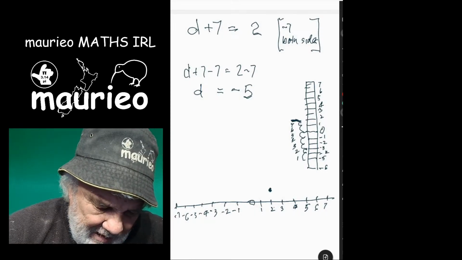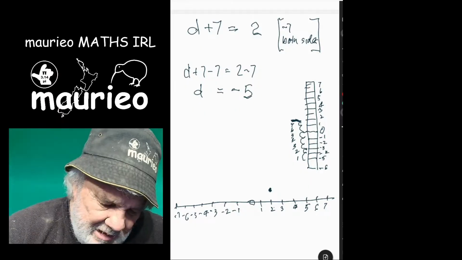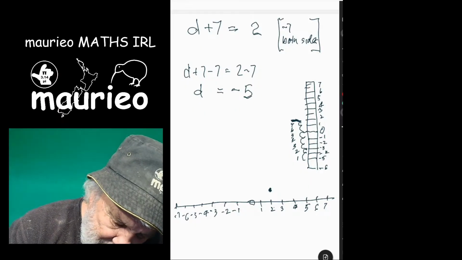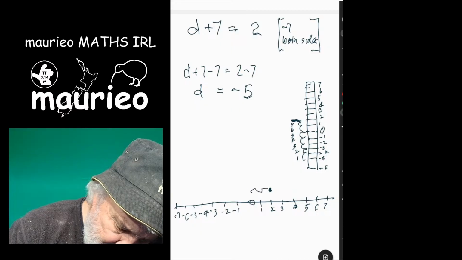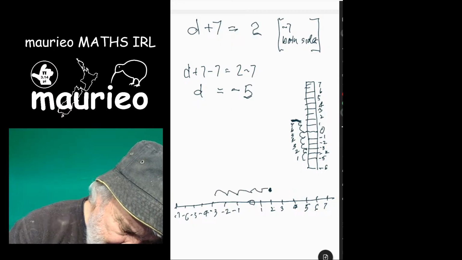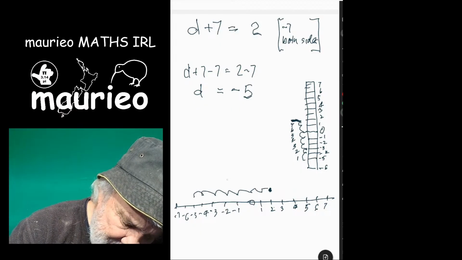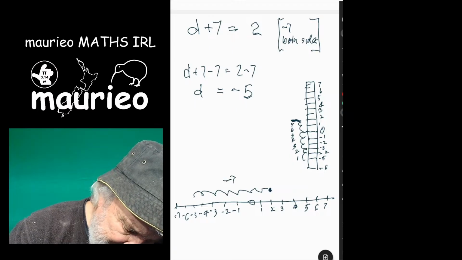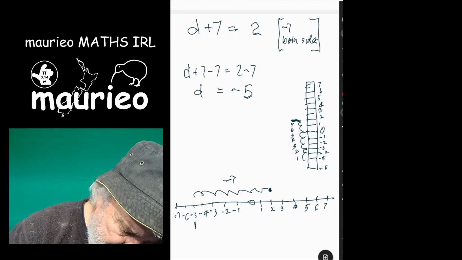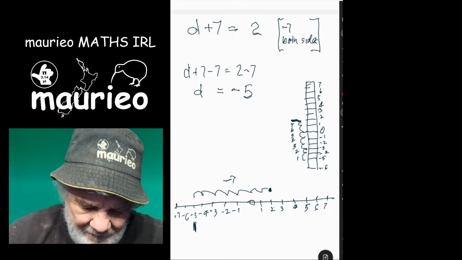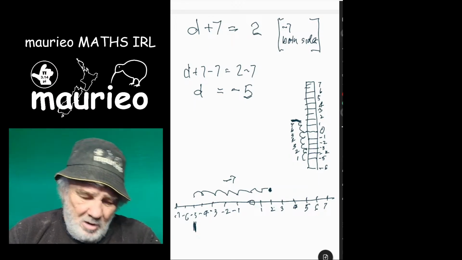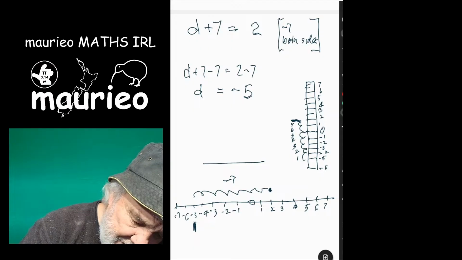And we're going backwards. So we went -7, 1, 2, 3, 4, 5, 6, 7, and we end up at -5. So when we go minus, we go to the left.